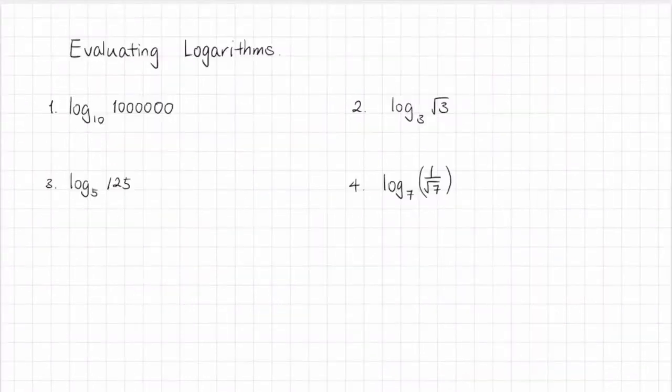Now let's practice evaluating logarithms. If you remember, the very, very important statement for today is this: 2 to the 3rd power is 8. This is equivalent to log base 2 of 8 is 3. But I want you to take a look at the right side here.